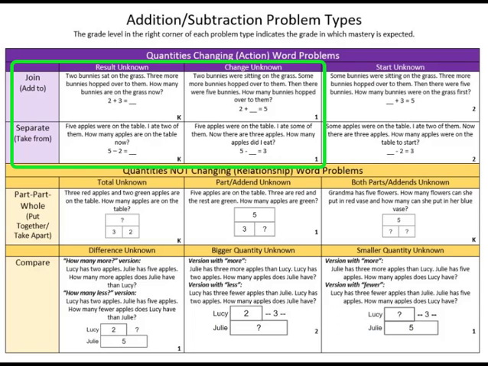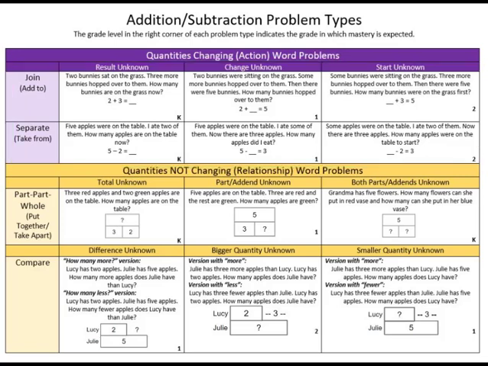But in first grade, children are also responsible for result unknown word problems. In second grade, we introduce students to the start unknown join and separate word problems, but they're also required to still understand change unknown and result unknown word problems. As teachers, we need to be able to distinguish between these problem types so that we can write appropriate problems for our students at each grade level.